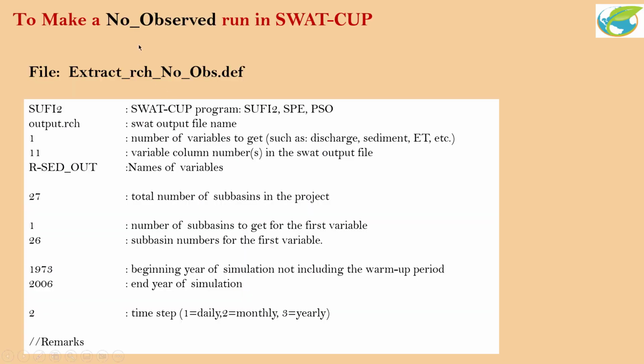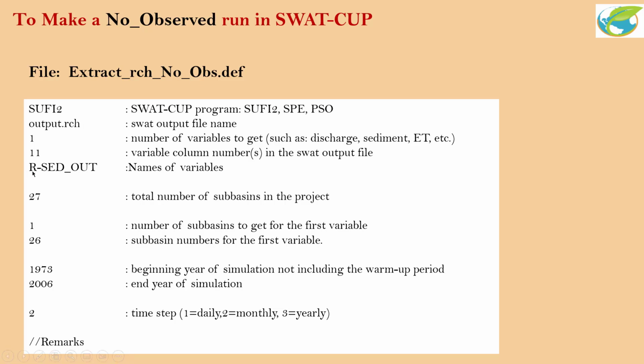Now, to make a no observed run in SWATCUP, here is the extract reach no observed definition file. It's straightforward. You just define what program you're using, what output file you're using, the number of variables you want to get, and the variable column number in the SWAT file.